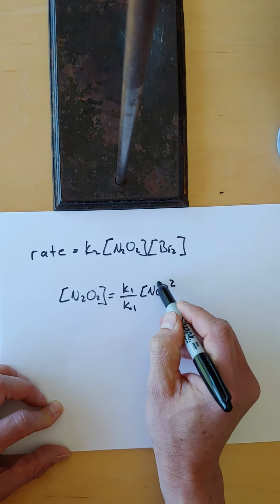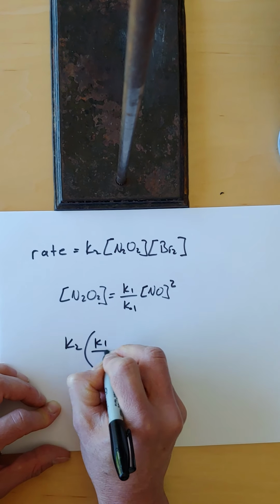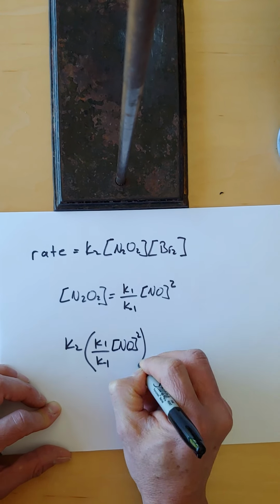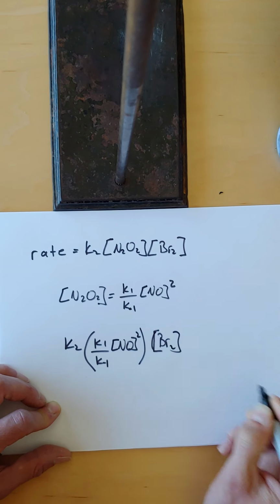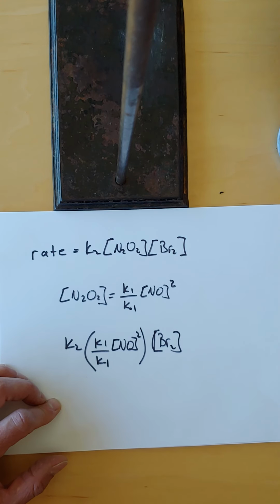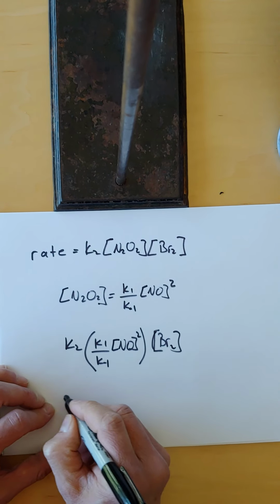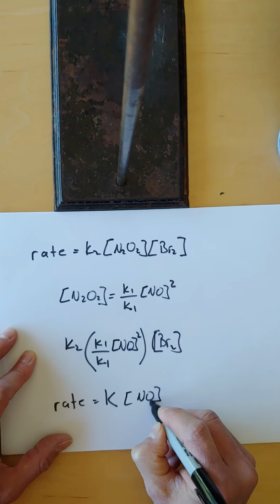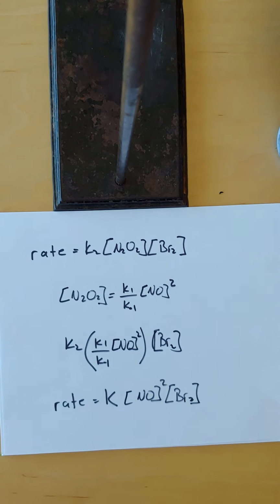So if I take this and plug it in, I get k2 times k1 over k minus 1 times NO squared times Br2. But then this simplifies. k2 times k1 divided by k minus 1, we just simplify to k. It's a constant. That constant times the concentration of NO squared times the concentration of Br2. So there we go, there is our rate.